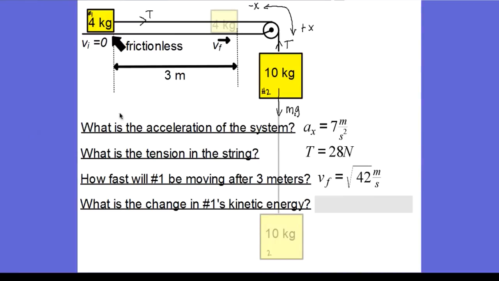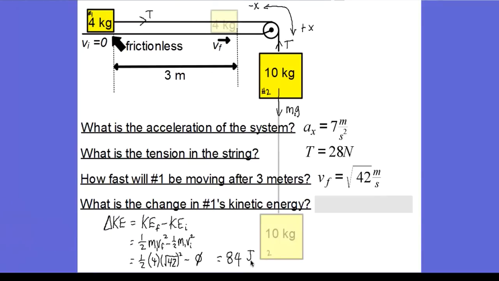Now that we know how fast it's moving at this spot, we can calculate its change in kinetic energy from here to here. Our change in kinetic energy, delta KE, is the final kinetic energy minus the initial kinetic energy. We know it started here at rest, so this initial kinetic energy term is 0.